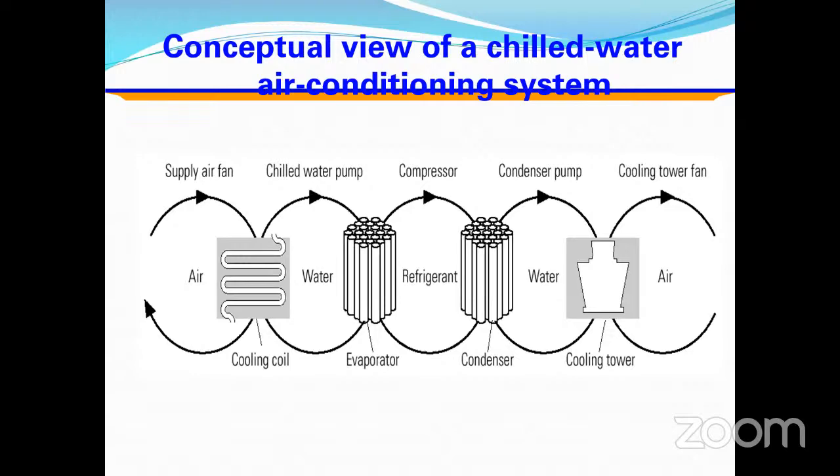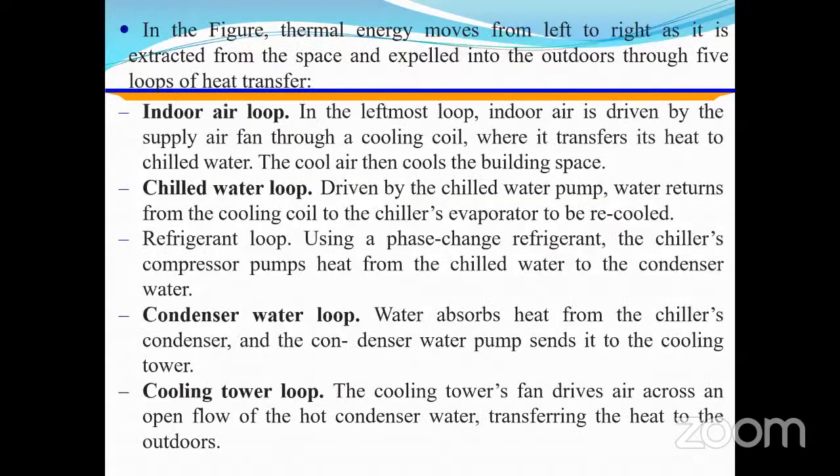So these are the various loop cycles. In the figure, thermal energy moves from left to right as it is extracted from the space and expelled outdoors through 5 loops of heat transfer.